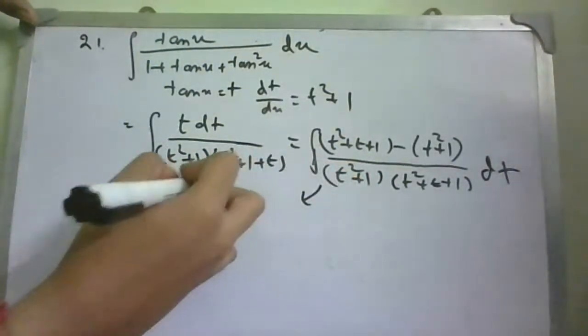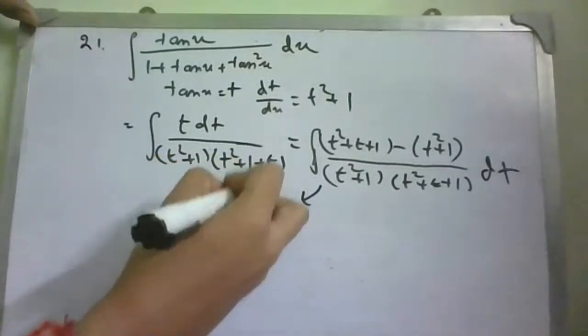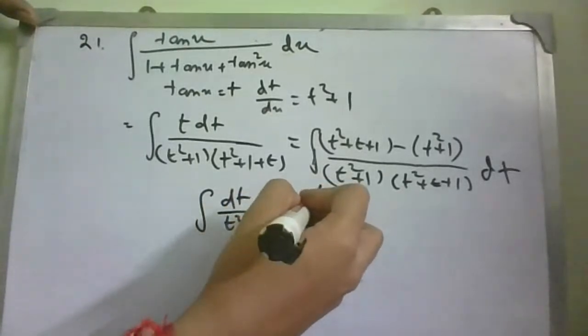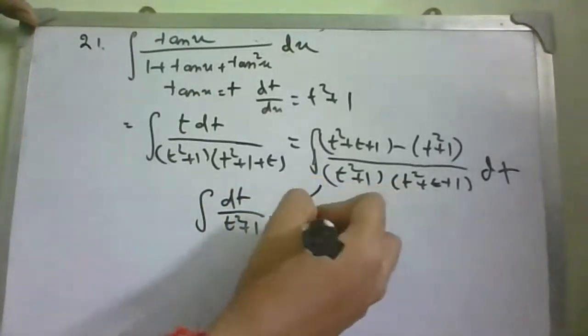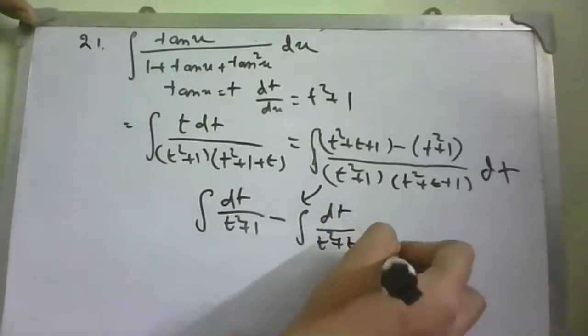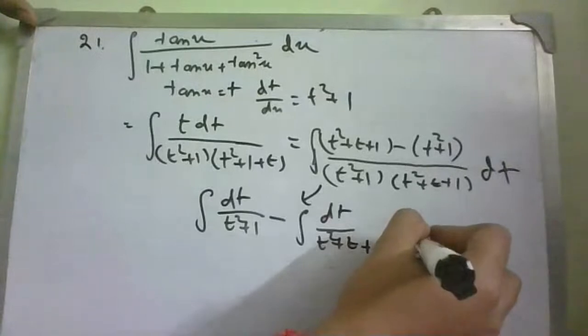Pretty trivial after this. It is basically dt over t square plus 1 minus the integral dt over t square plus t plus 1. You can actually write it like this.